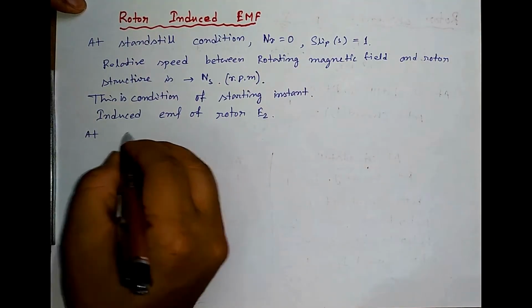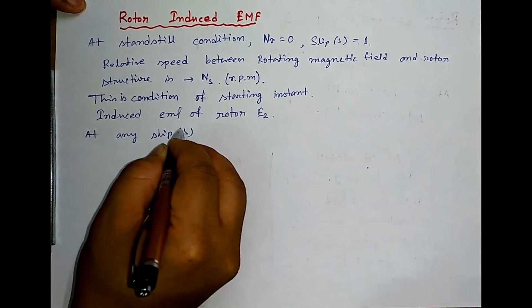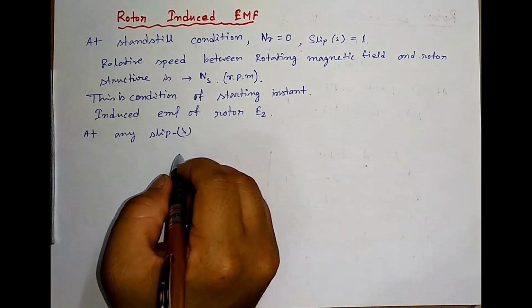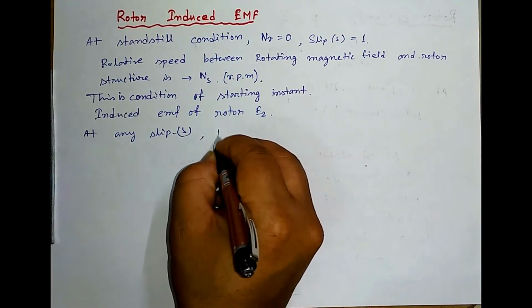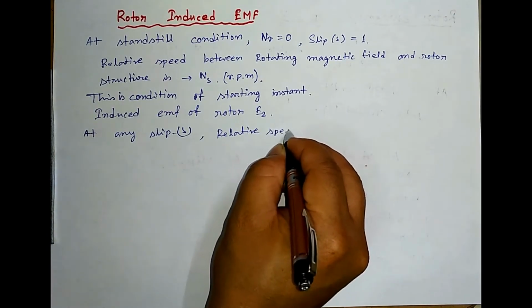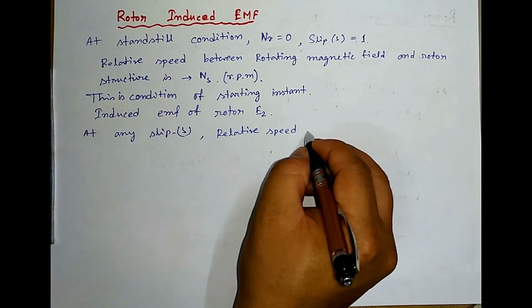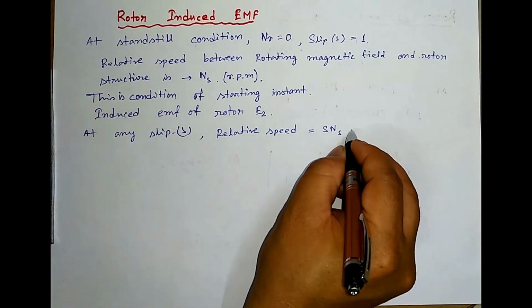But at any slip S, the relative speed will be S into Ns in RPM.